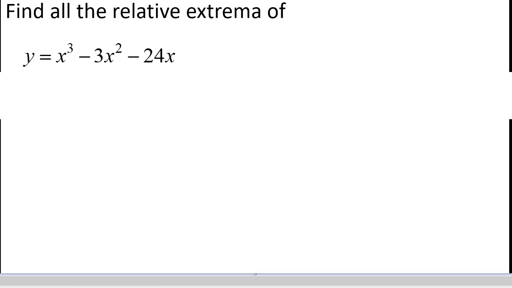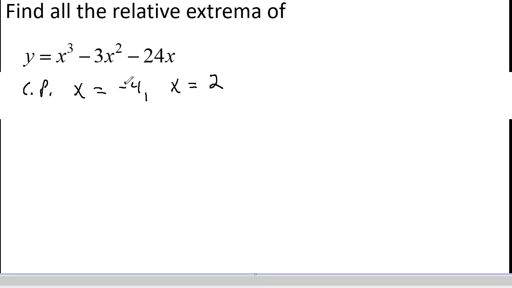Okay, so next we want to find all the relative extrema of the polynomial that we've already found the critical points for. So again, we already found that our critical points were at x equals -4 and at x equals +2.